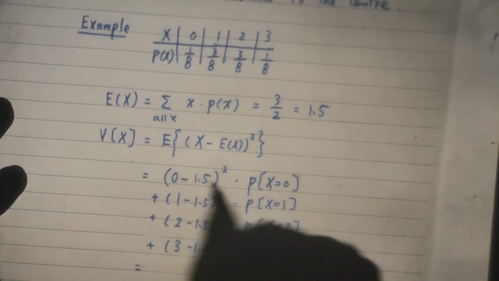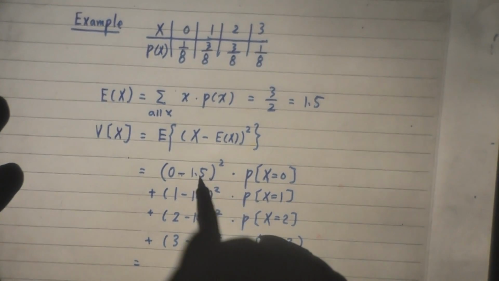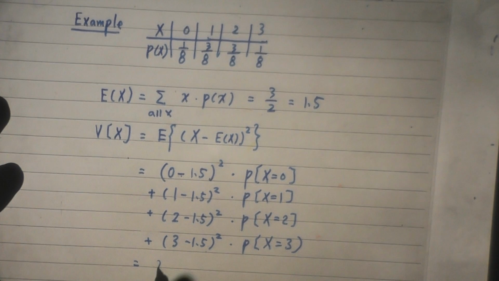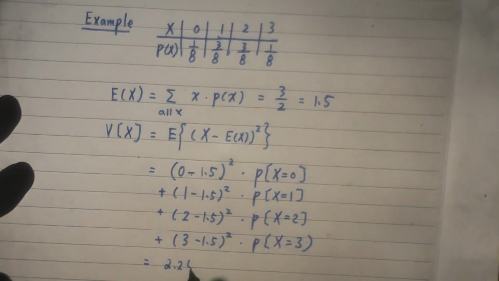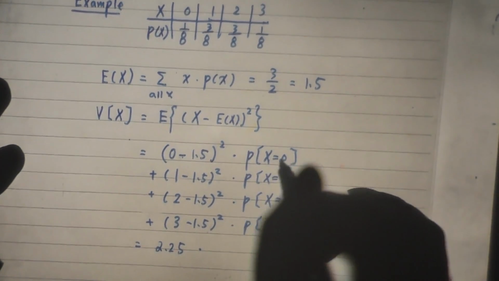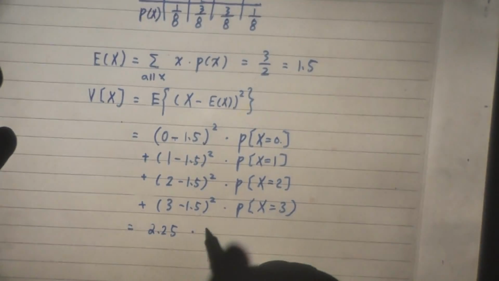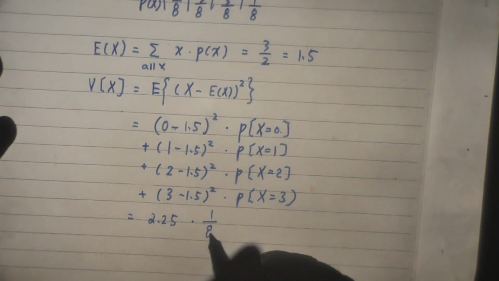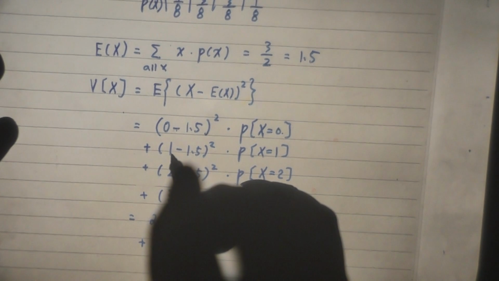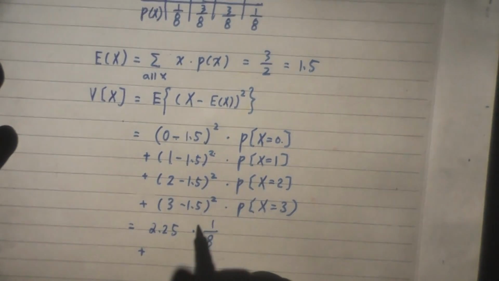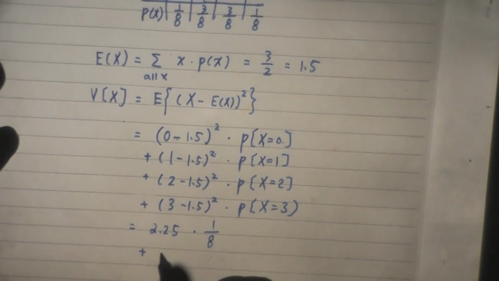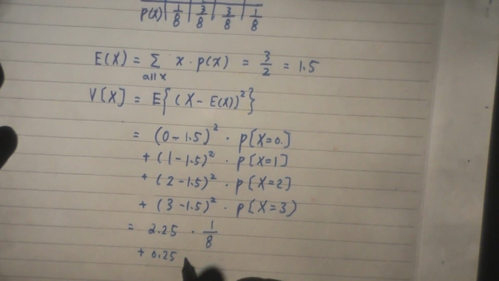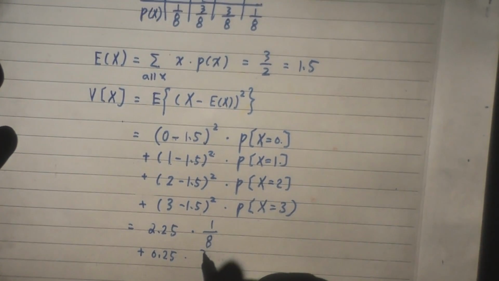And if we evaluate one by one, 1.5 squared is what? 2.25. And the probability X equal to 0 is 1 over 8. So this is 1 over 8. And second term, 1 minus 1.5 is 0.5. 0.5 squared is 0.25. Times the chance X equal to 1, which is 3 over 8.